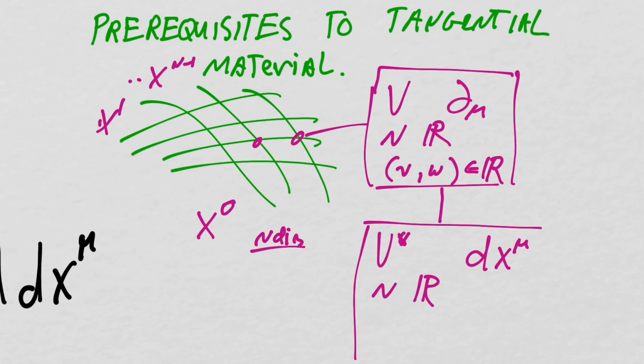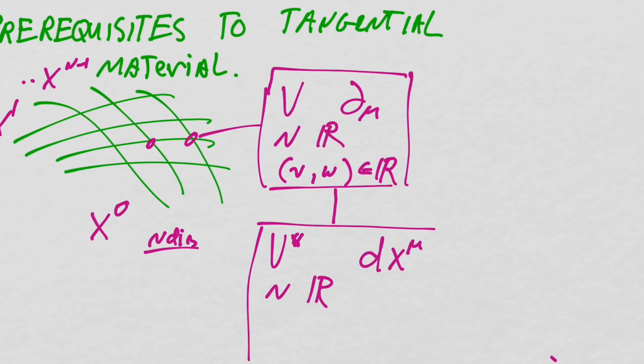And then also, an arbitrary vector v can be expressed in a basis by v mu with contravariant components, partial mu, right? And this is what would be known as a contravariant vector in the standard literature, but a contravariant vector is always connected to a basis vector in the underlying tangent space.